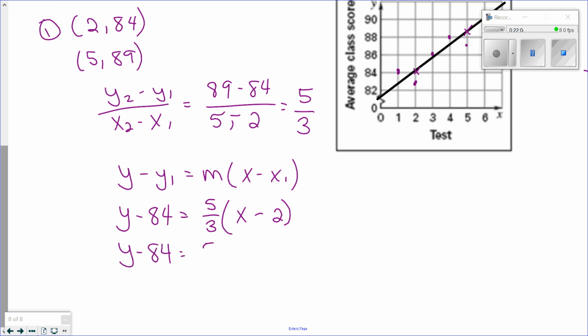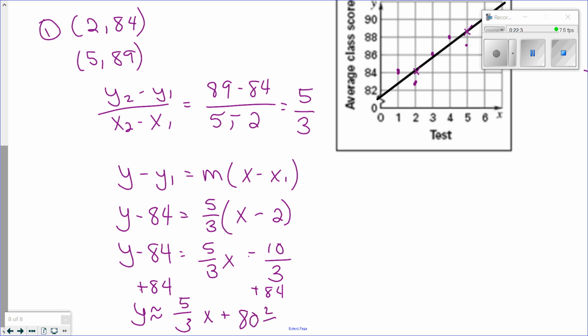Equals 5/3 x minus 10 thirds. Add 84 to both sides. And I get y approximately equals 5/3 x plus 80 and 2/3.